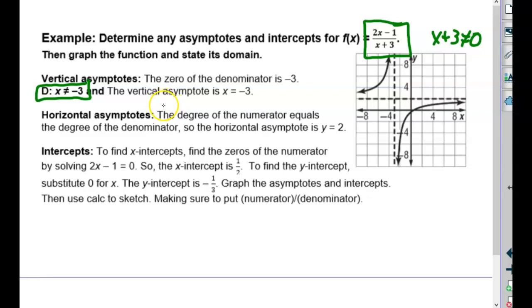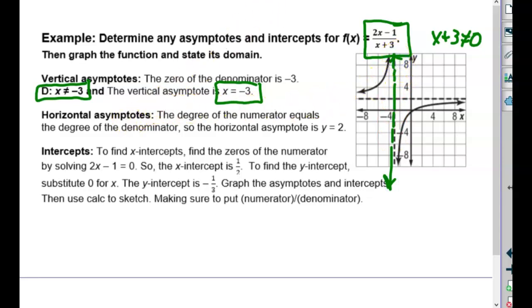It is the same place, whatever the restriction was to the denominator, that's where there's going to be an undefined place. So the vertical asymptote is at x equals negative 3. So that's here. This is some funky graph paper. They're counting by 2s, I think.